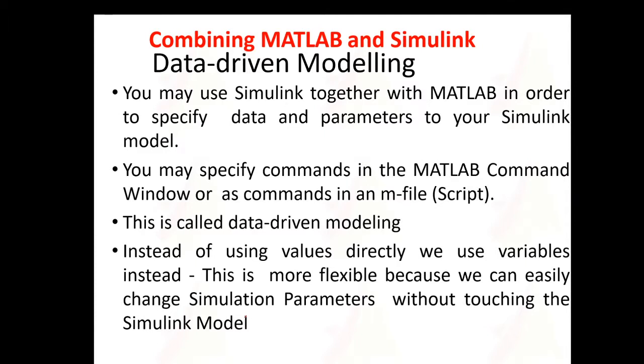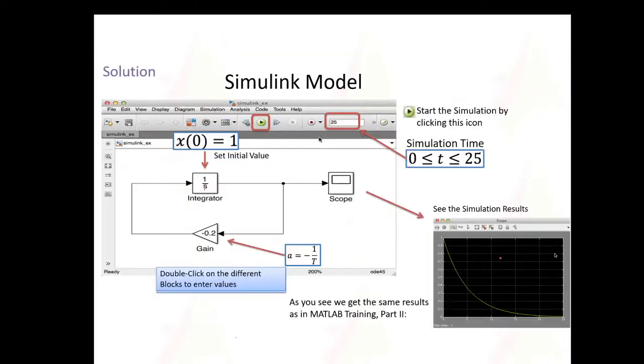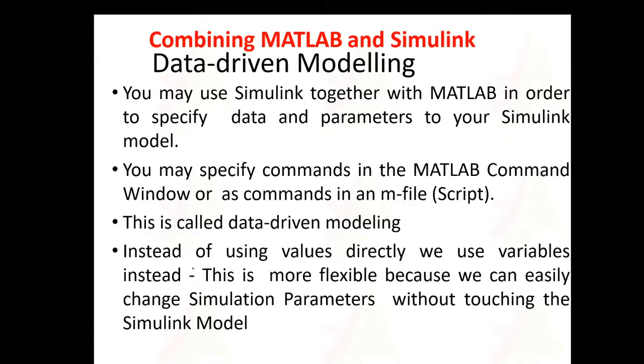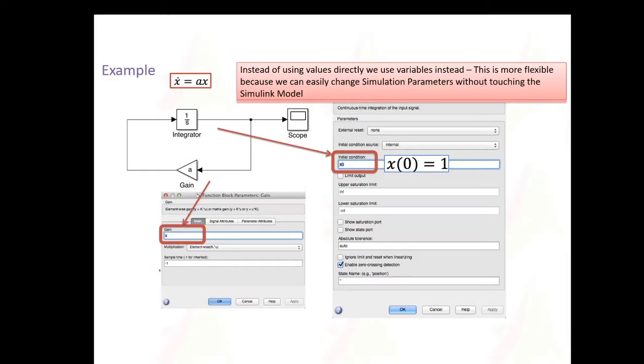Okay, so instead of using the values directly, you use variables. Directly means what? Here I am giving the direct value 0.2. Here I am giving the direct value as 1. Instead of this, I have to give variables. Why am I giving variables? For flexibility. We can easily change the simulation parameters without touching the Simulink model.